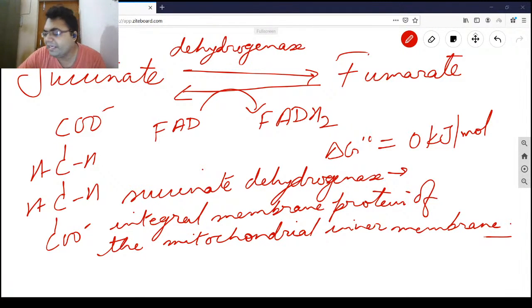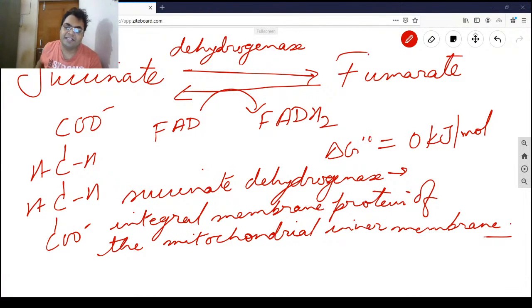And in laboratory cultures, in vitro culture, if it is added to the mitochondria, to the cells, it completely blocks the citric acid cycle here, because then succinate cannot be converted to fumarate, because malonate has been able to competitively inhibit the succinate dehydrogenase enzyme, which is an integral membrane protein on the mitochondrial inner membrane.